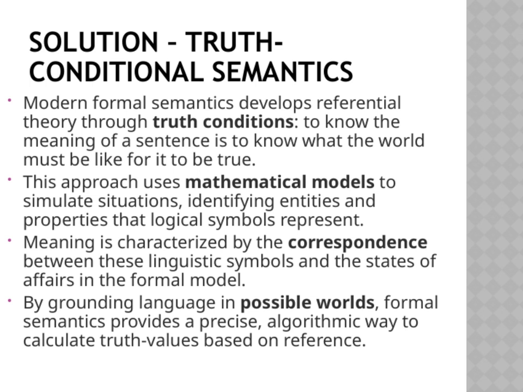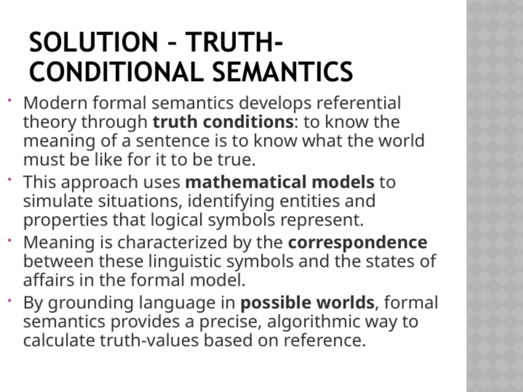Meaning, then, is characterized by the relationship between these linguistic symbols and the actual states of affairs in our formal model. So, when we analyze language this way, we're essentially mapping words onto real or possible scenarios. By grounding language in these possible worlds, formal semantics offers a very precise and systematic way to determine whether a statement is true or false.